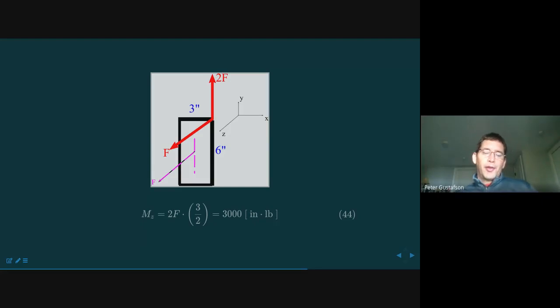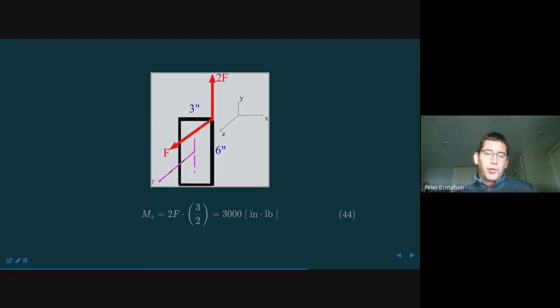The moment about the Z-axis is going to be the force, 2F, times the distance from the reference point, that is the centroid of this beam, which for the problem that we have here with a 3-inch by 6-inch cross-section would be 3/2, so 3 halves. And so in this problem, we have a moment about Z-axis, 3,000 inch-pounds.